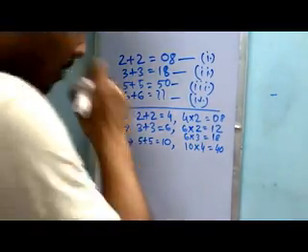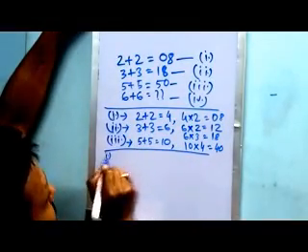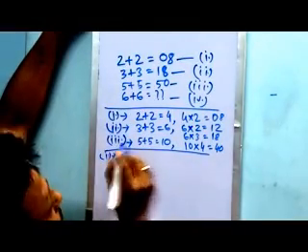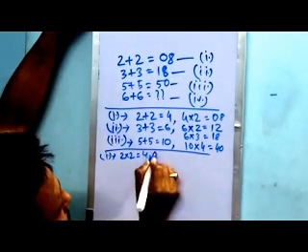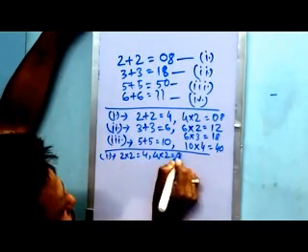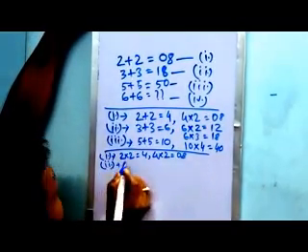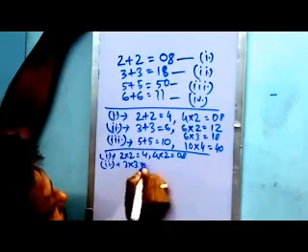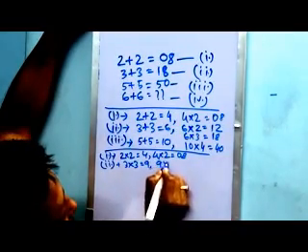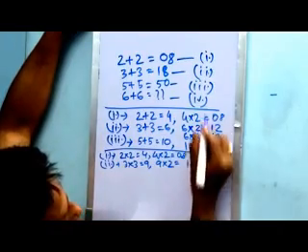So from row 1, the alternate logic will be 2 into 2 equals 4, 4 into 2 equals 08. From row 2 it will be 3 into 3 equals 9 and 9 into 2 equals 18.